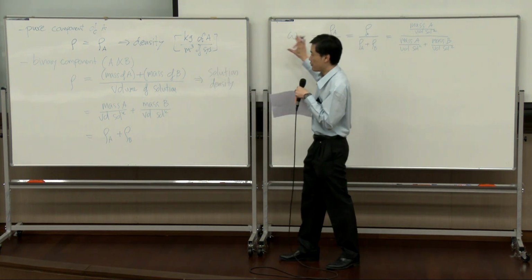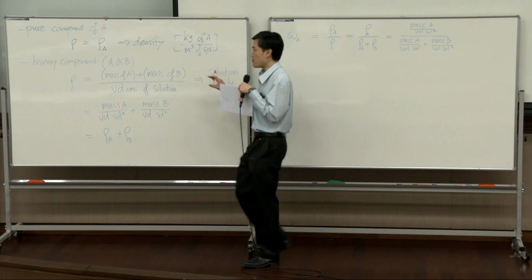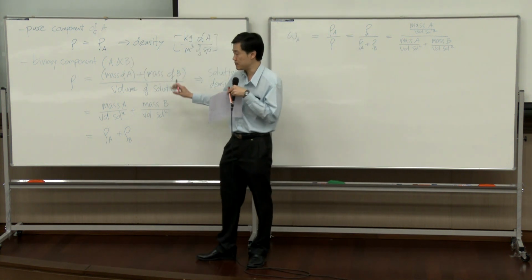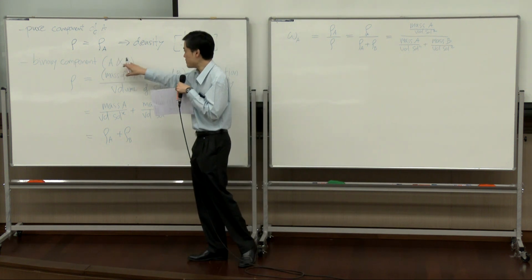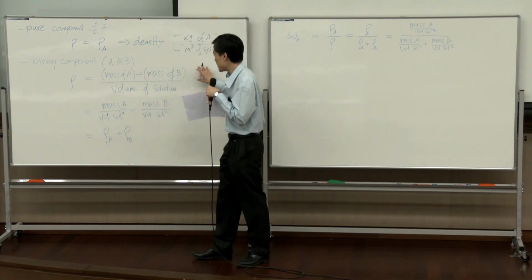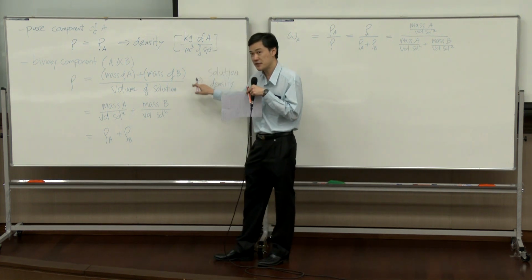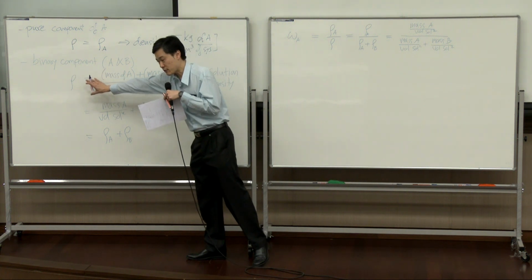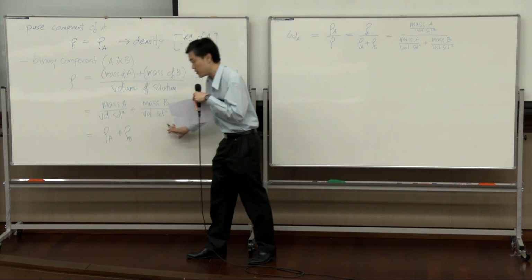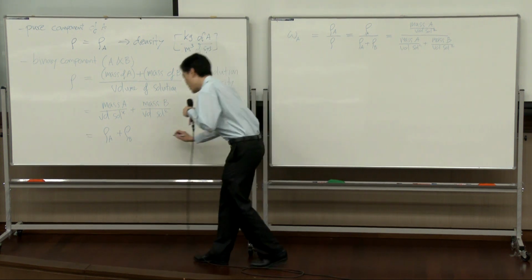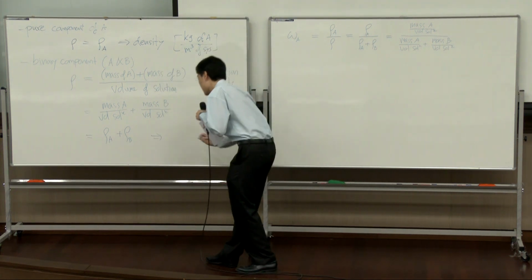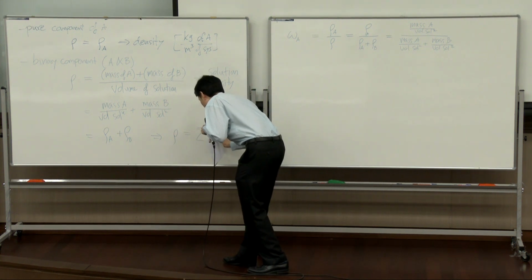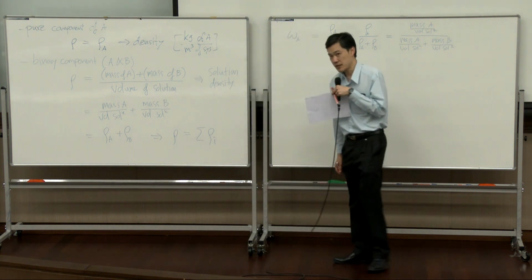So this is for binary components. If I add more components, I would change from a binary to a multi-component system. Let's say I have 3 components, A, B, and C. Everything would be the same. I just add the C component here. So therefore, the total mass concentration would always be the summation of all components. In other words, for a multi-component system, total concentration would equal the summation of the mass concentration for all species.